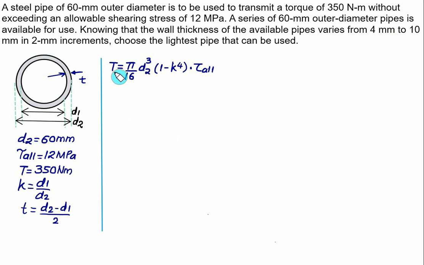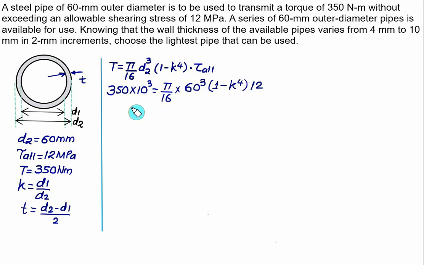So torque here will be equal to 350 Newton meter. So we have 350 into 10 to the power 3, that is Newton mm, equal to pi divided by 16, diameter D2 is 60, we have to take a cube of it, into 1 minus k to the power 4. Allowable shear stress is equal to 12.